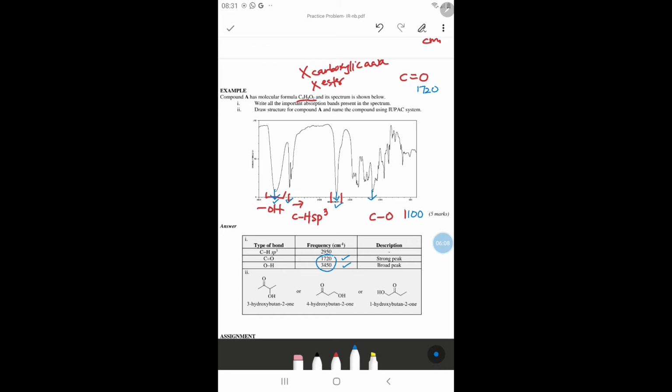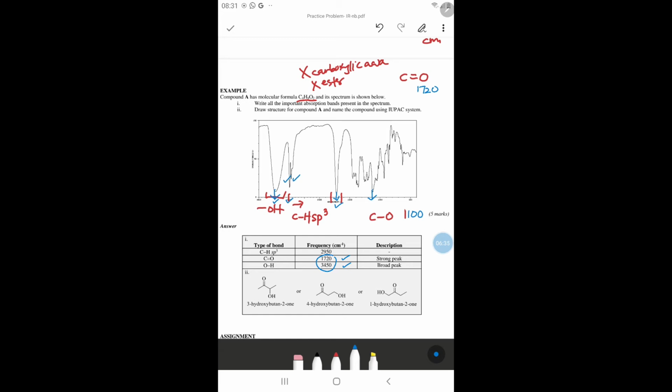Within the range means you look at your correlation chart and make sure it's within the range of the bond. Then CH sp3 must be less than 3000. You can choose this peak or this peak, it doesn't matter, as long as it's in the range and it corresponds to one of these peaks.